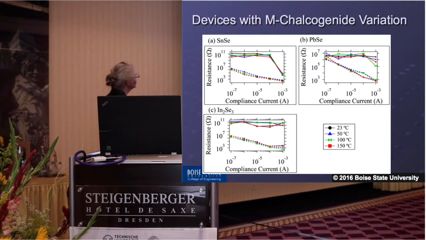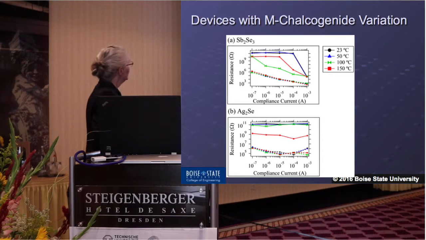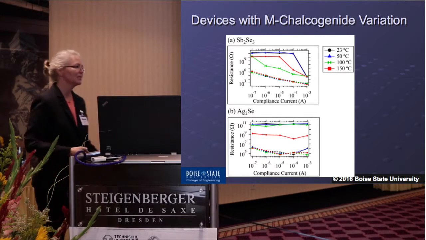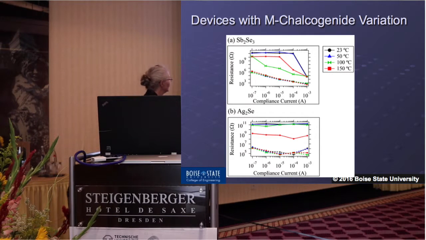Everything looks pretty good. The tin selenide has that 1 milliamp issue. We don't see that in indium selenide. And we don't really see that here in the lead selenide, which has its own issues. Antimony selenide, we do see it, but the general trend is good operation except for silver selenide at high temperatures. If silver selenide gets heated very high, you start to degrade the device.